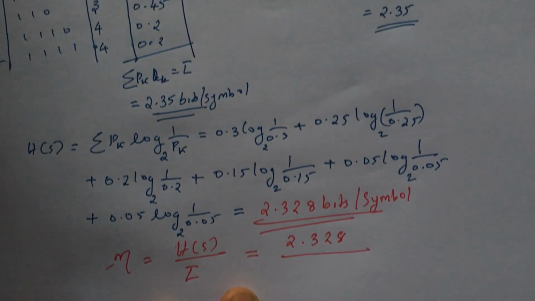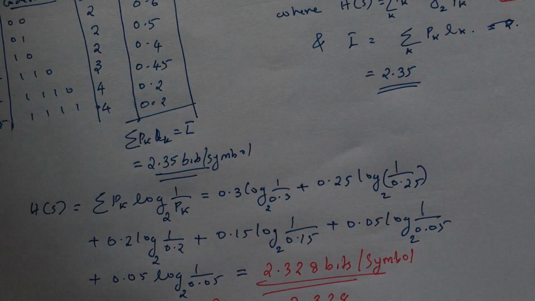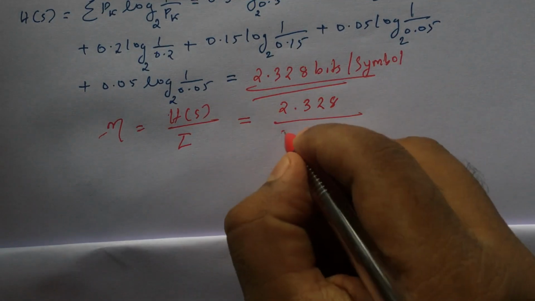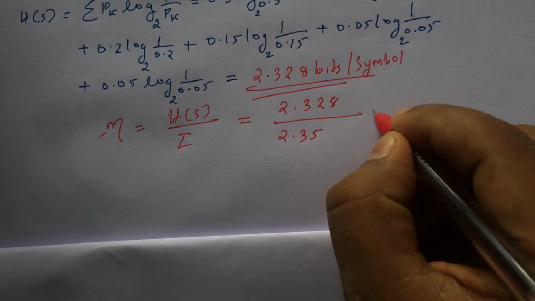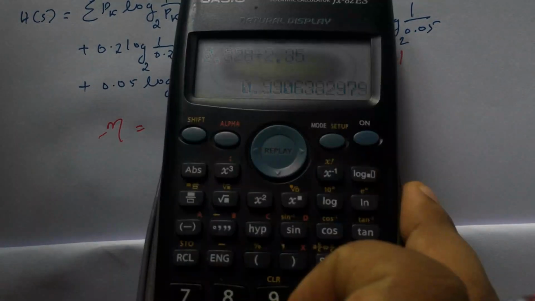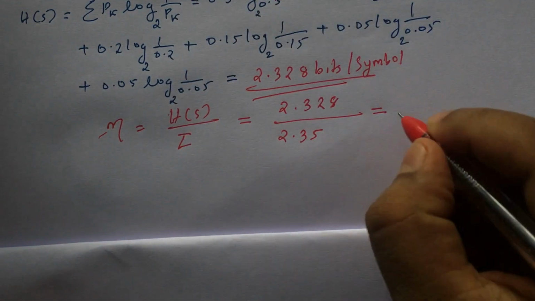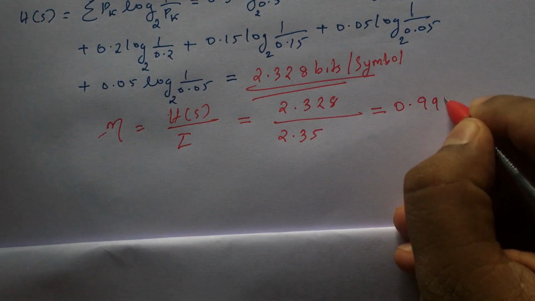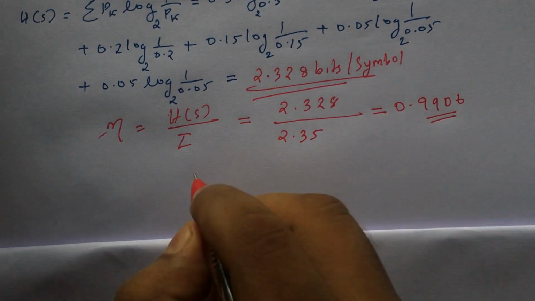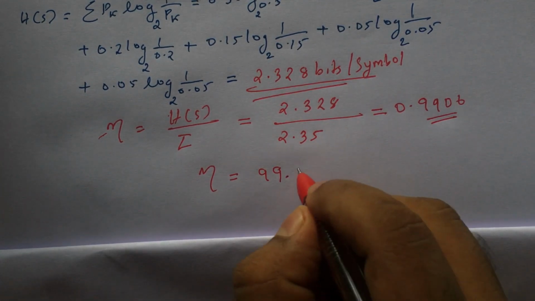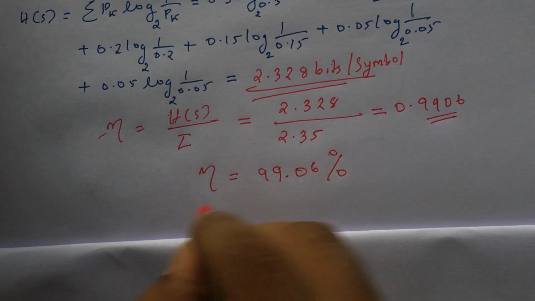Yes, here we have got L bar 2.35. So we can write 2.35. This is equal to 0.9906. So efficiency is equal to 99.06, that much percentage.